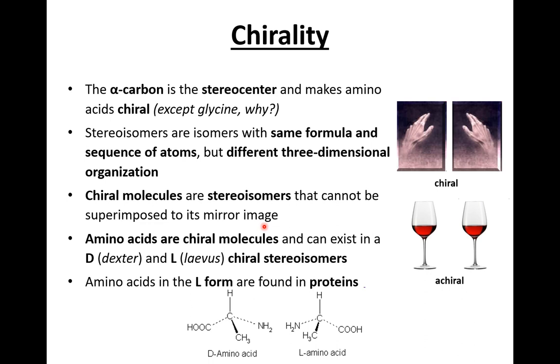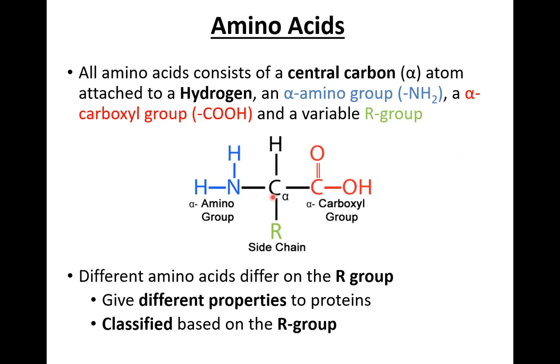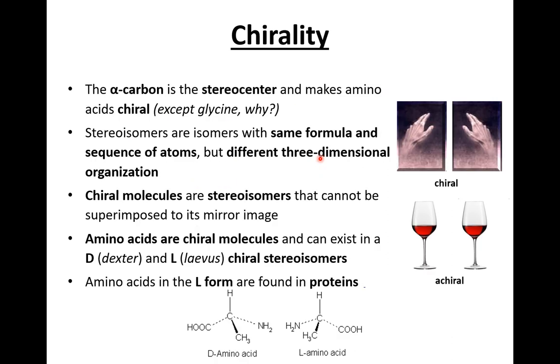Another important thing to remember is that the same amino acid, because of the alpha carbon here, can actually have these groups arranged in different ways. And so the same amino acid can actually exist as different stereoisomers. What do we mean by stereoisomers? They are a type of isomers that have the same formula.